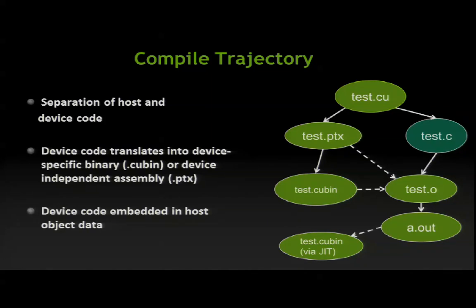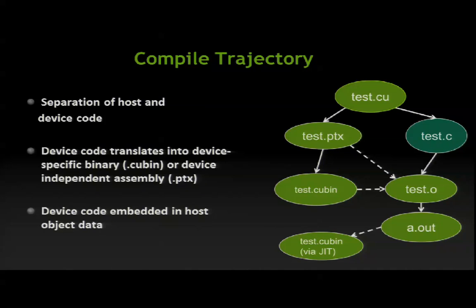So there's an additional step involved that takes the PTX code and translates it into the so-called CUBIN code, which is the binary code for one particular architecture. That's what you're selecting with SM35, architecture equals SM35. That basically says it should create binary code for the SM35 architecture.